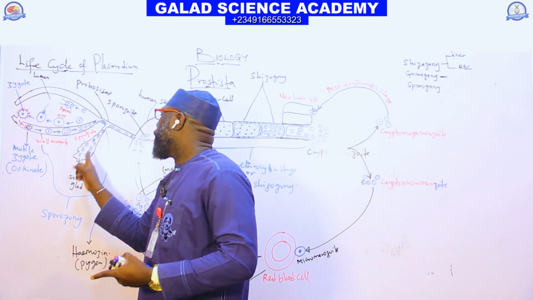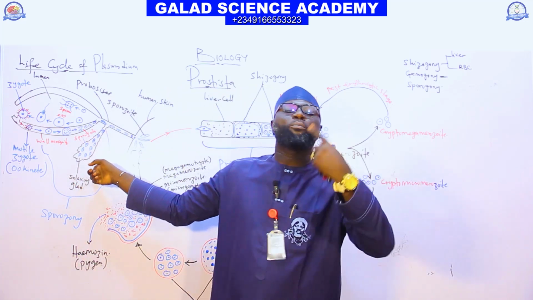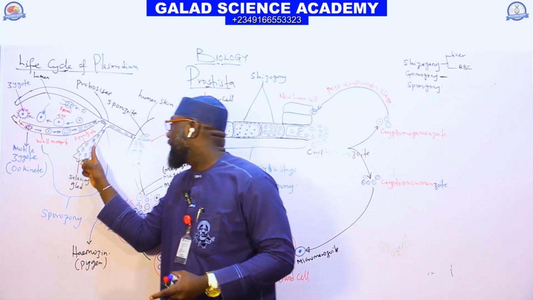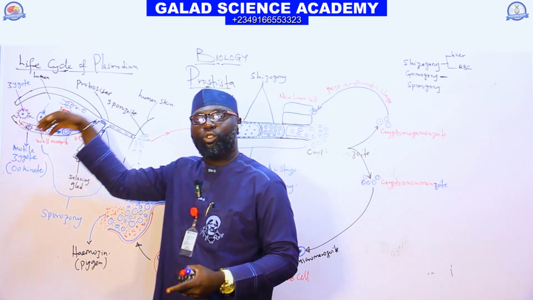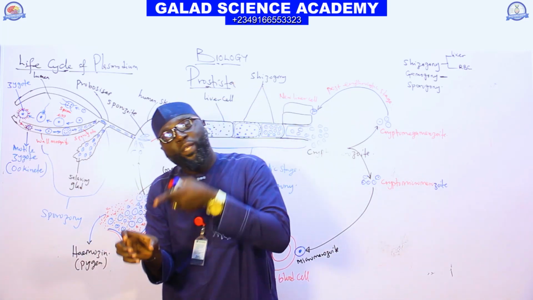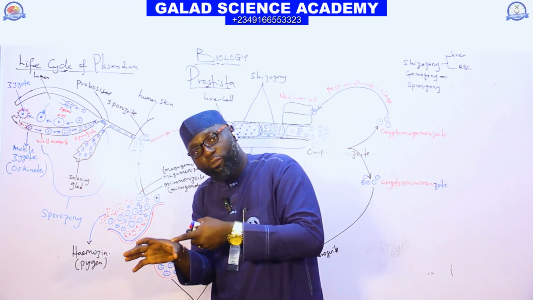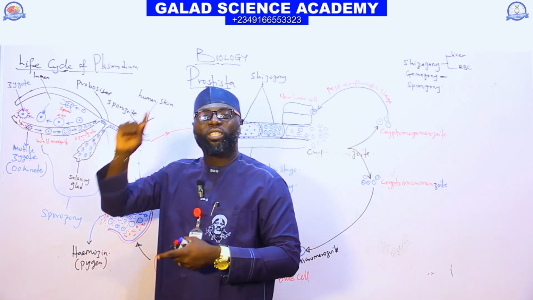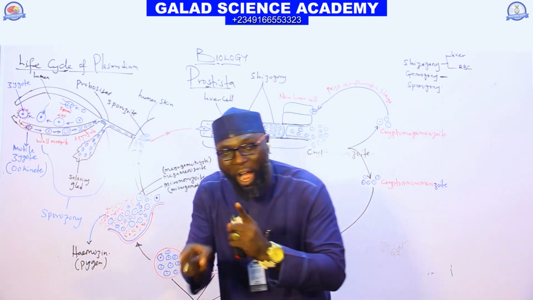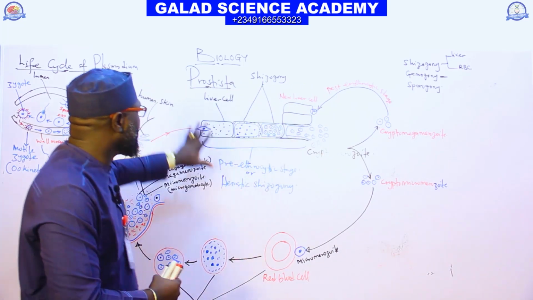On getting to the salivary gland, whenever the salivary gland produces saliva, the saliva must contain the sporozoites. When the infected mosquito bites a man, it will insert its saliva into the blood of man, and the saliva will contain the sporozoite. The sporozoite now moves and finds its way to the liver.